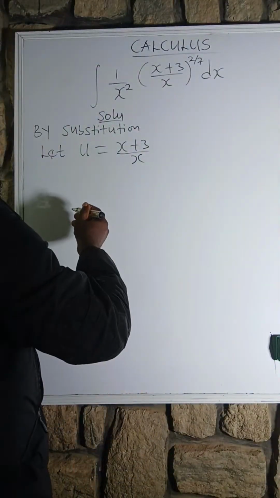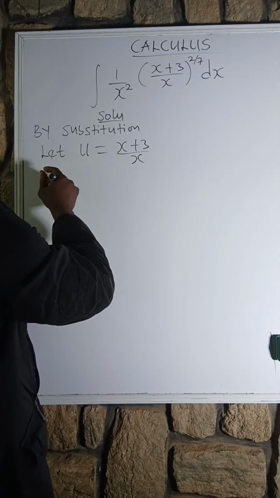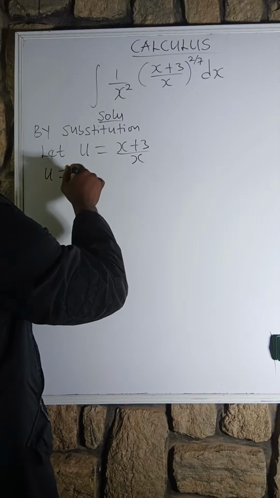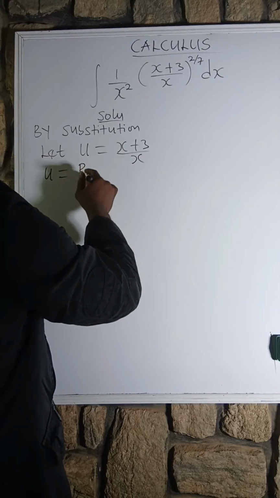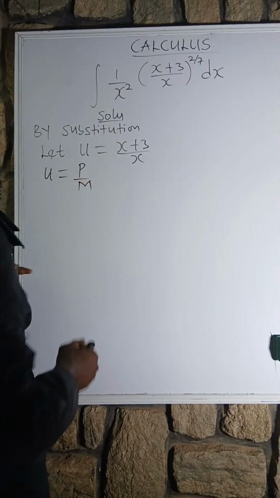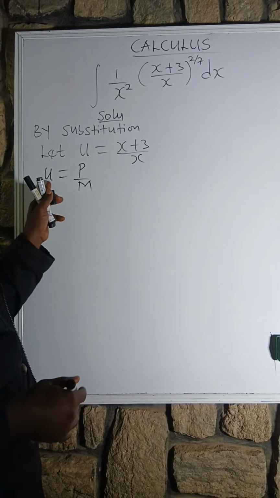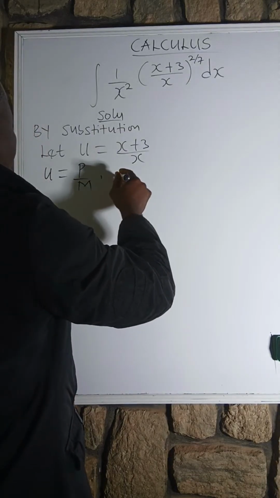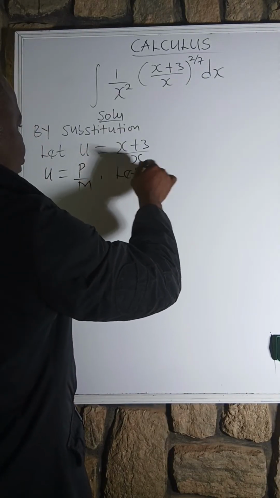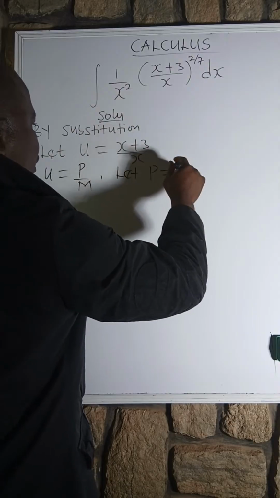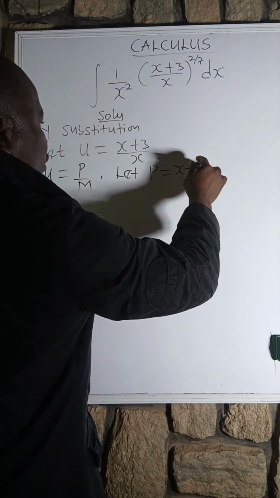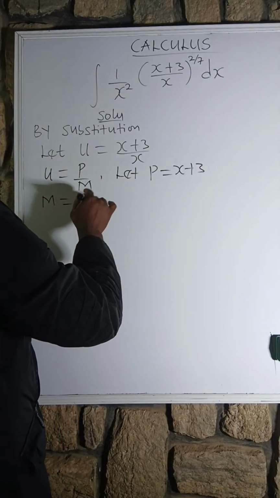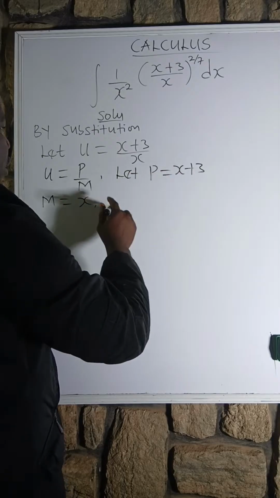So we now say u equals p over m. Let us use p and m because we have used u here. So we now let p be equal to x plus 3 and m be equal to x. So we have to differentiate this function.